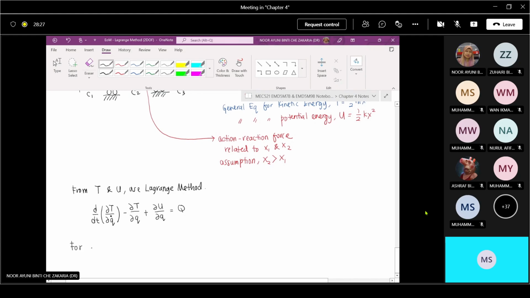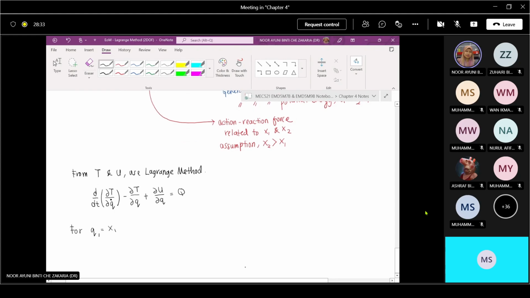For Q1 equals X1, and another one, you can have Q2 for x2. You can do it one by one. Partial differentiation of kinetic over the velocity, in this case x1.